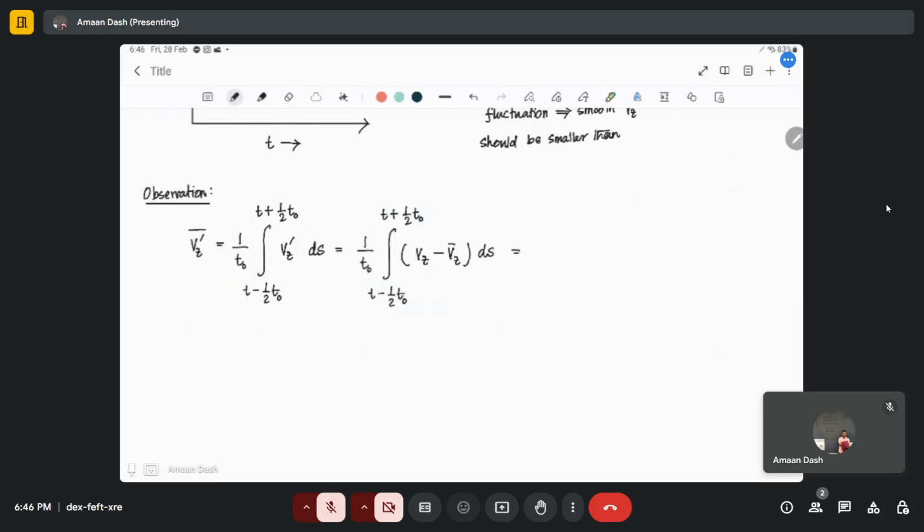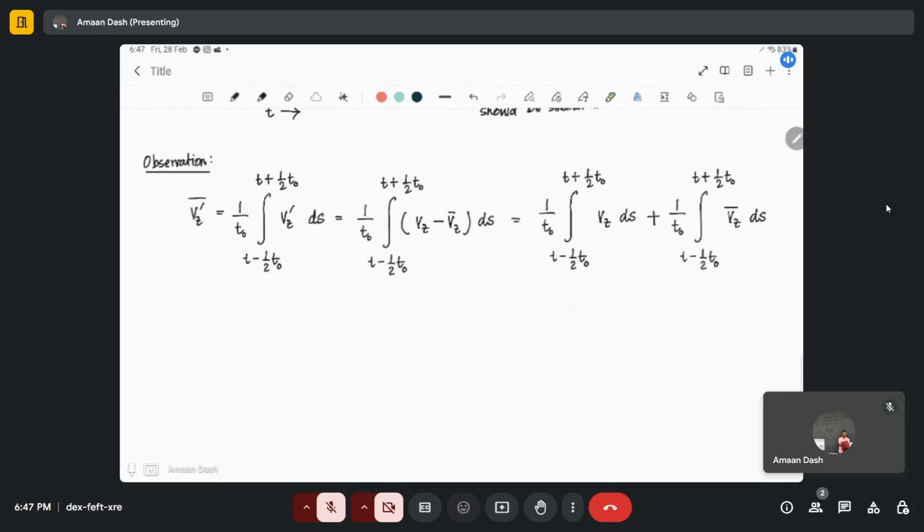So we can write this individually: Vz times ds, plus the Vz bar term. But Vz bar is not a function of time as such.